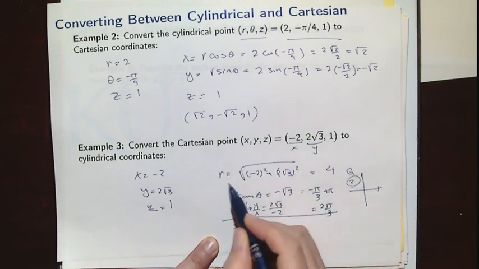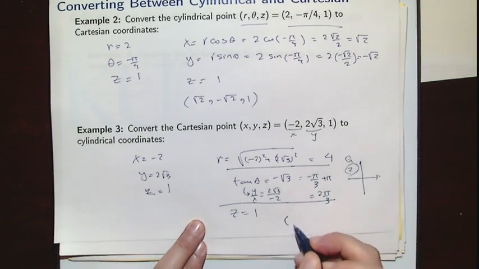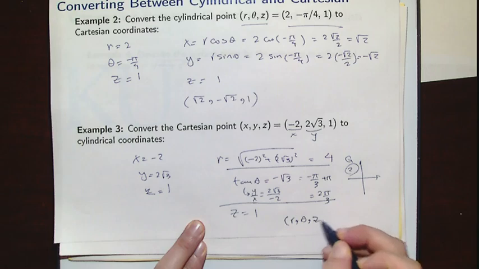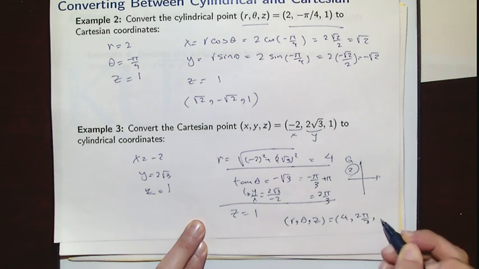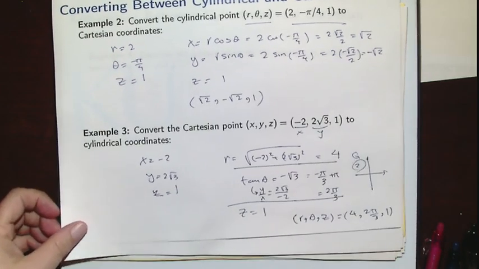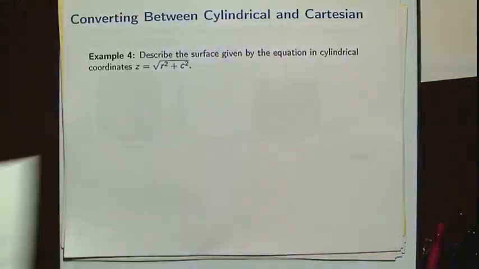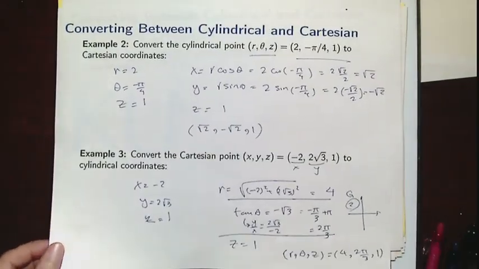Sorry, it got messy a little bit. Now, therefore, the point r, theta, and z is going to be 4, 2 pi third, and 1. Fair game? Okay. Let's go to the next one. Questions? We're good?